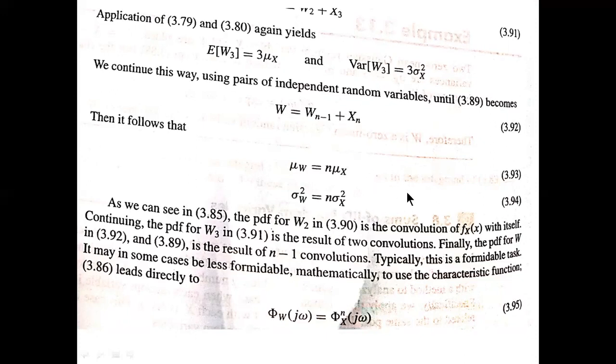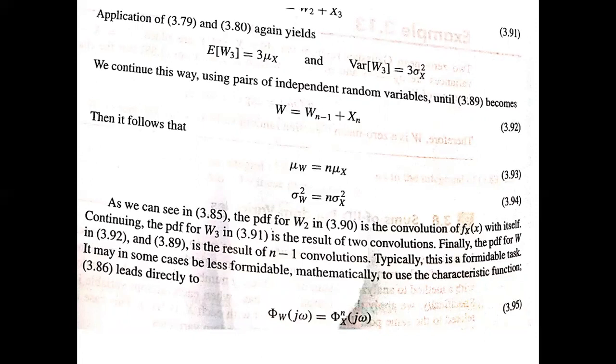Also, if you take two variables, then it will be just the convolution in the PDF. And as far as the characteristic function is concerned, the characteristic function will get multiplied. Since x1, x2, x3 and so on are considered to be observations of x itself, when we consider just two different observations, the characteristic function will be the multiplication of phi x of j omega and phi x of j omega, that is phi x square of j omega.